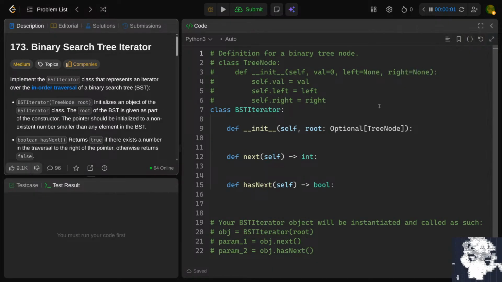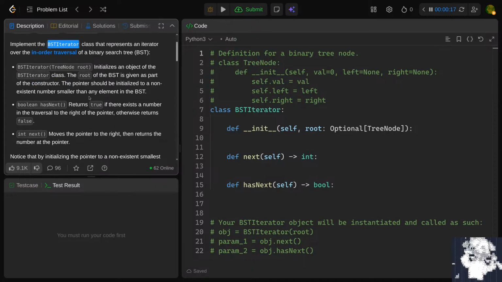Number 173, binary search tree iterator, medium. Implement the BSTIterator class that represents an iterator over the in-order traversal of a binary search tree. BSTIterator(TreeNode root) initializes an object of the BSTIterator class.